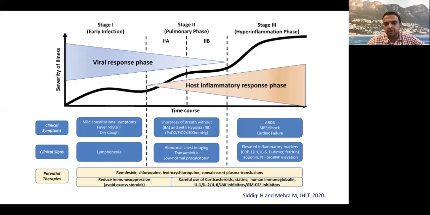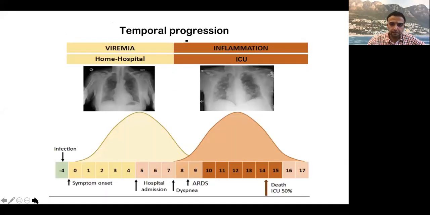And there's a lot of hypotheses of why that is. And finally, you've got the last stage where you've got ARDS and shock with very high inflammatory markers, including CRP and LDH. And at the bottom there, you can see lots of potential therapies, but I'll skip that for the sake of time now.